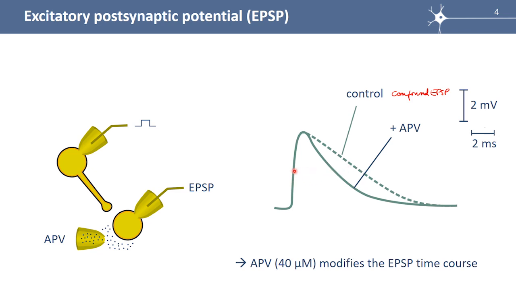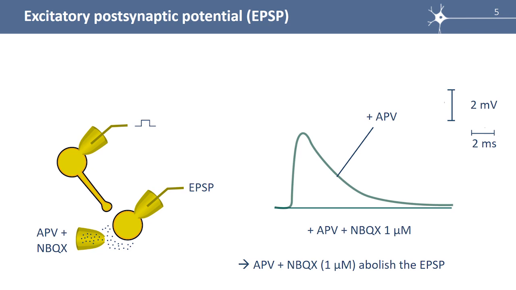So what is underlying this EPSP that is APV resistant? If we add now another blocker of glutamate receptor channels, NBQX, at the dose of 1 micromolar, we don't have any response here. The EPSP completely disappears.